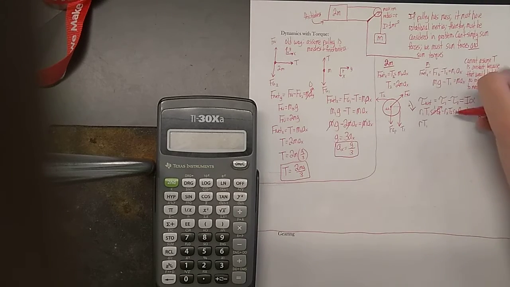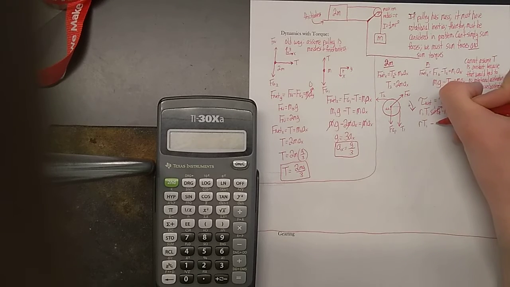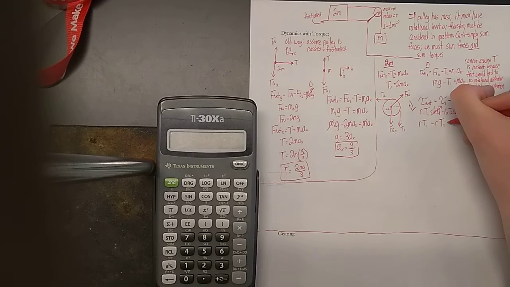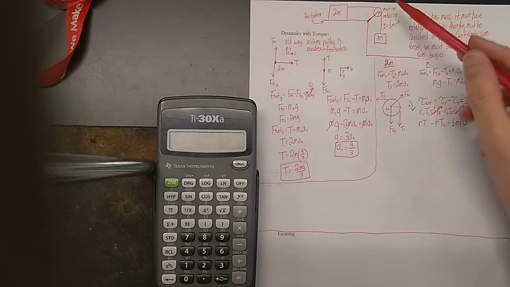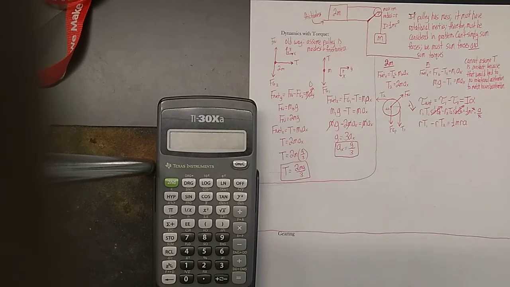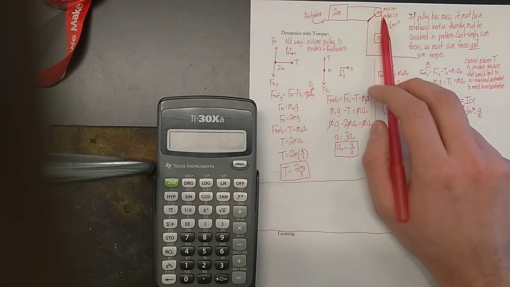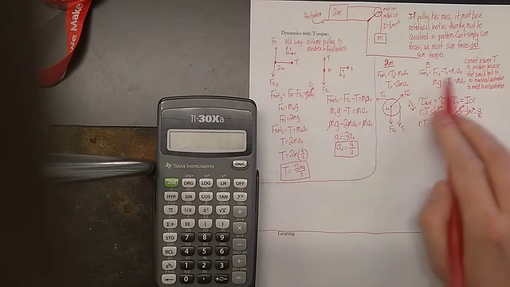Same thing for the torque from T2: minus r T2, but this sine theta term goes to 1, equals 1/2 mr A. And this A, this linear acceleration, is going to be the same as the acceleration of these objects. The angular acceleration is related to the linear acceleration, and the linear acceleration we're talking about is the acceleration of the entire system. So this is this ax that we've been solving for in these other equations.